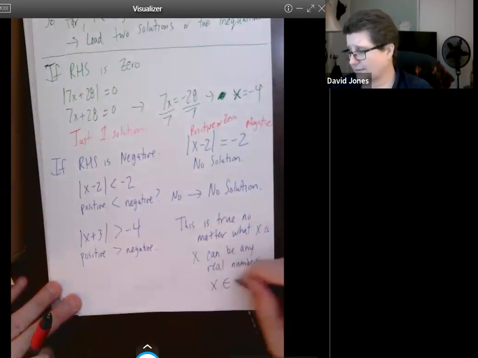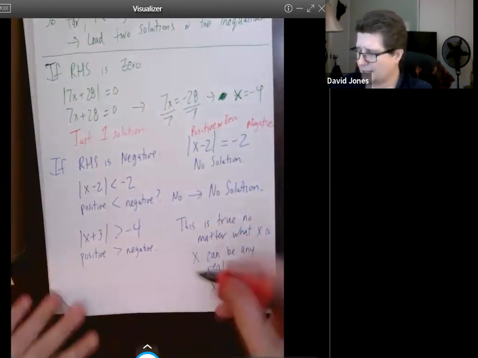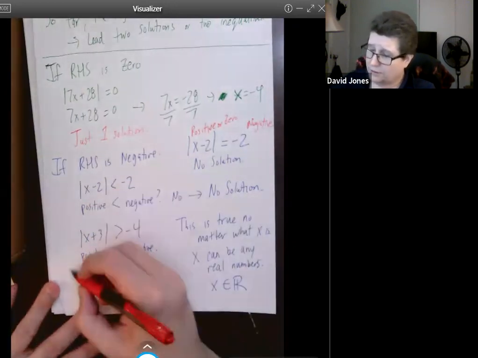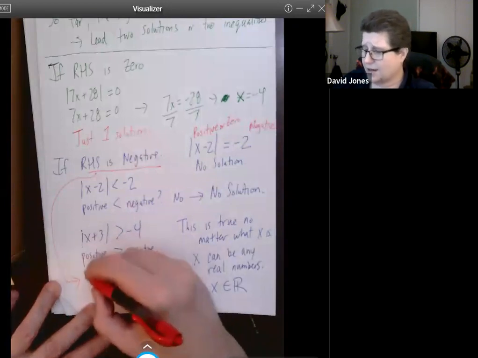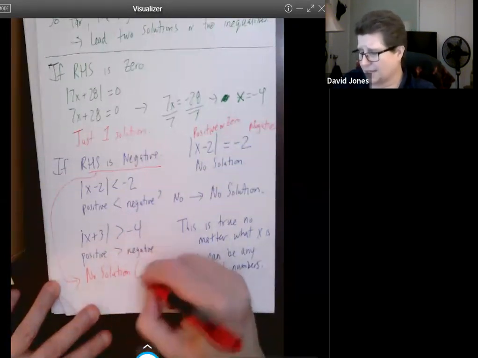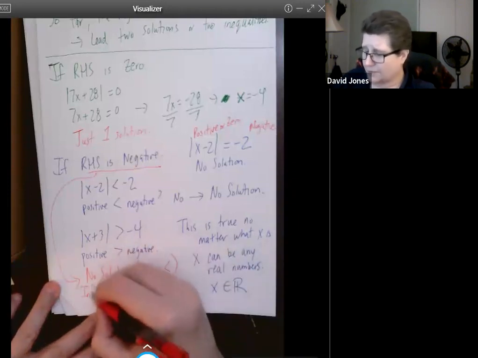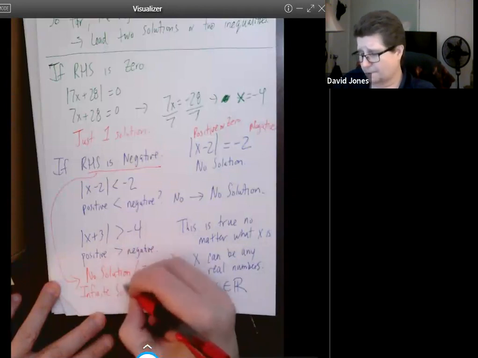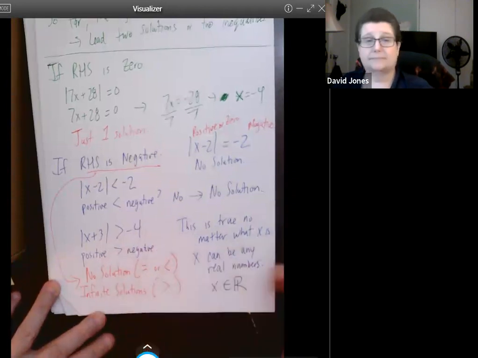X is in R. And what that means is, if the right-hand side is negative, there's either no solution, that's for the equals or less than case, or an infinite number of solutions, and that's for the greater than case.